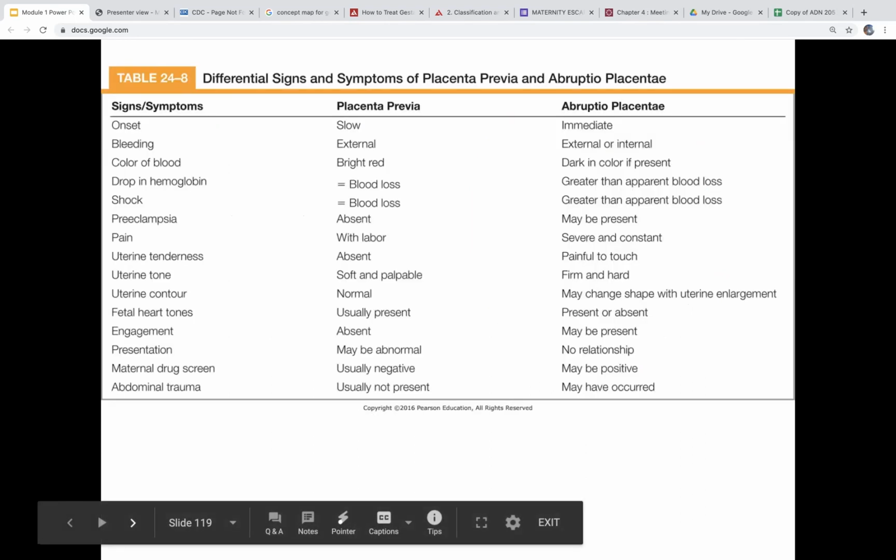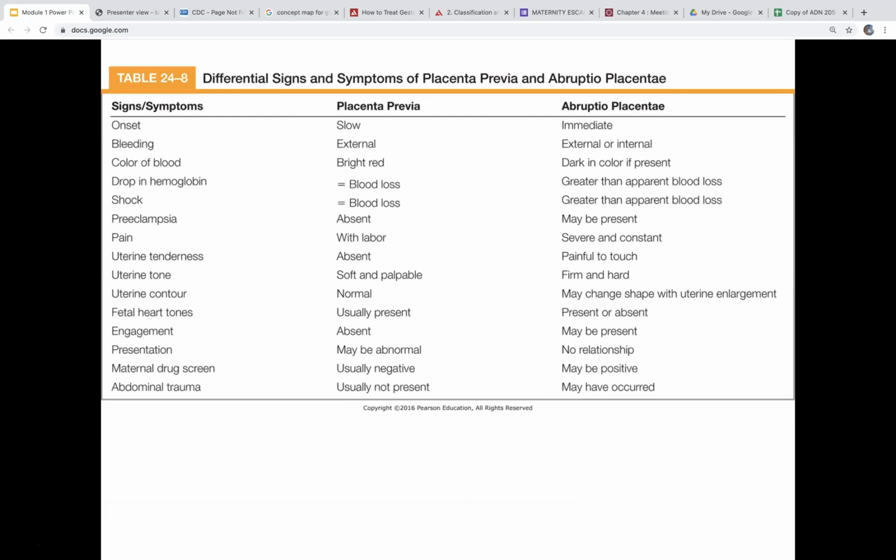There are some signs and symptoms of placenta previa and abruptio placenta, and I want to bring your attention to a couple of important points. In abruptio placenta, it's insidious and it happens very quickly. You're going to see very dark blood and abdominal pain, and it happens very, very quickly.